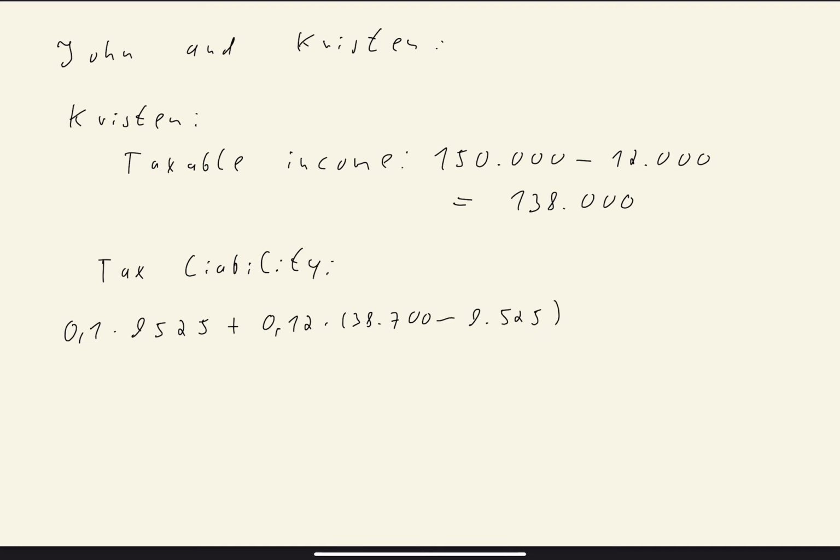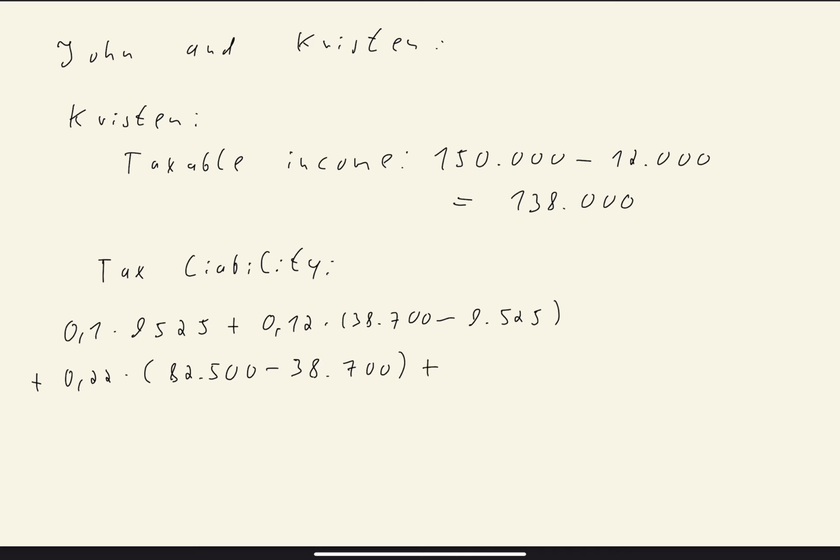Then all the way up to the next boundary, which is $82,500, we pay a tax rate of 22%. So plus 0.22 times 82,500 minus 38,700.